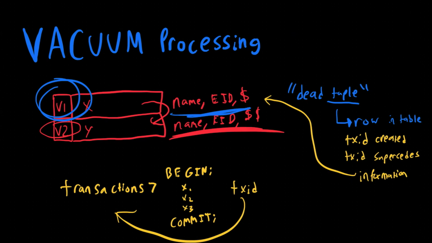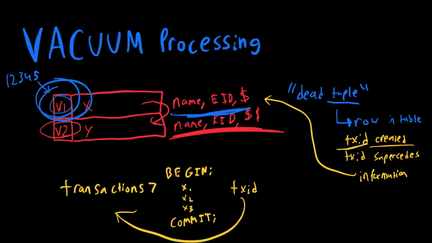So when we're talking about dead tuples and tuples in general, we have some information in there that tells us, hey, this is the transaction that actually created this initial tuple. To really hit things home, for this V1 tuple that we created here, there's some extra information that says, hey, transaction 1, 2, 3, 4, 5 created this V1 tuple.